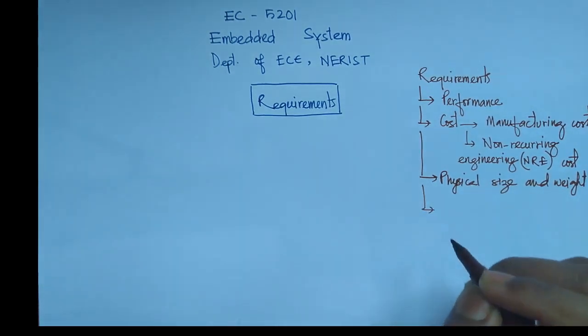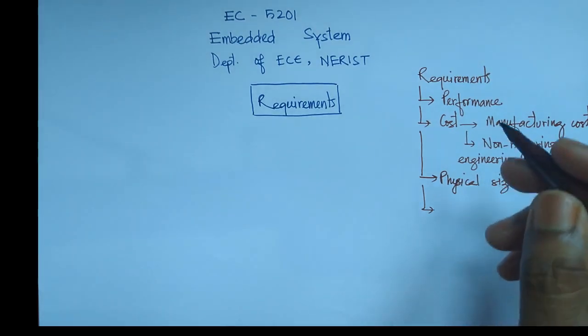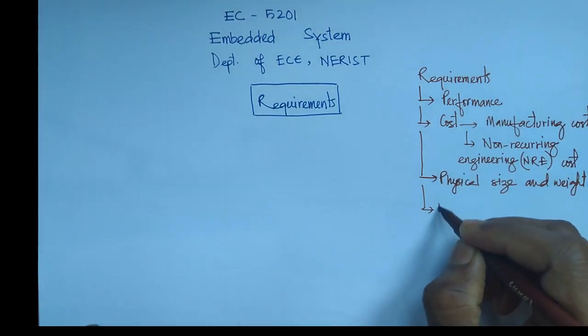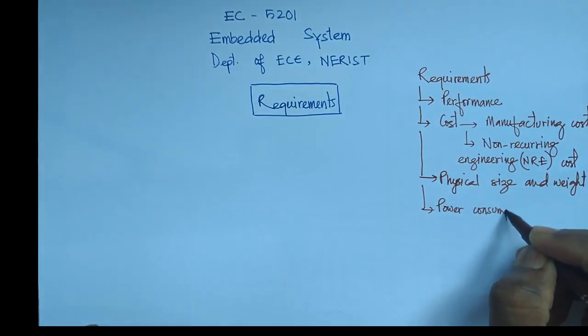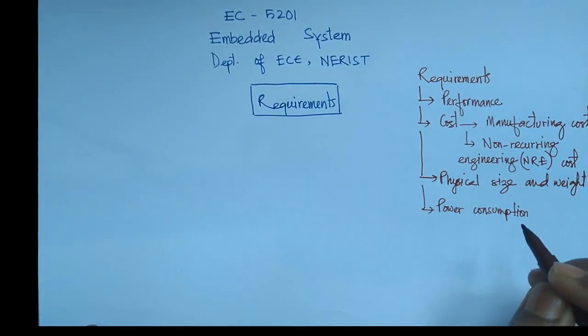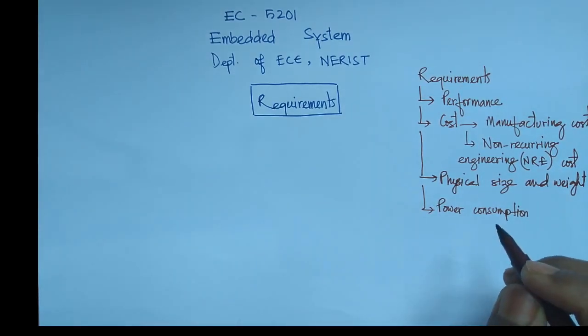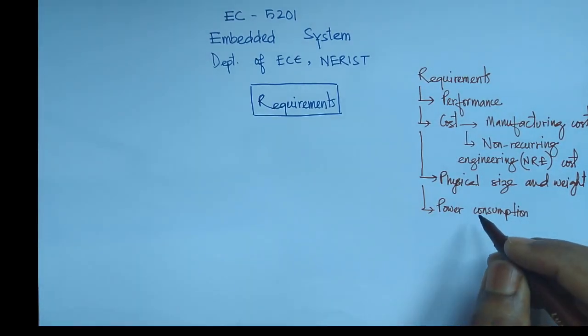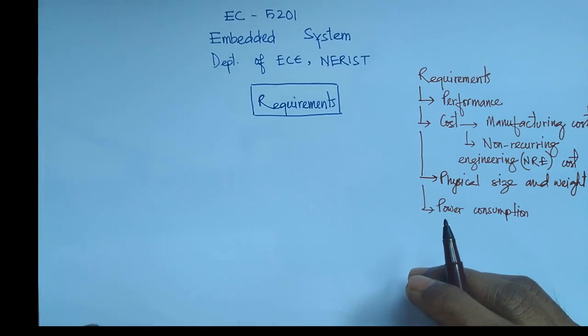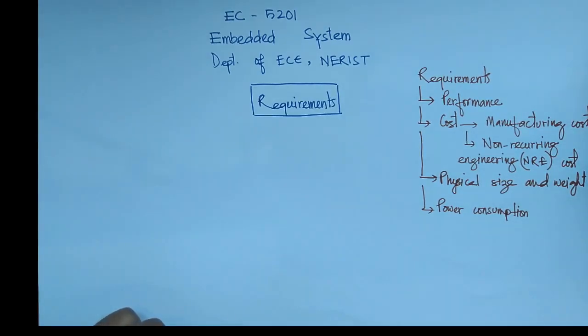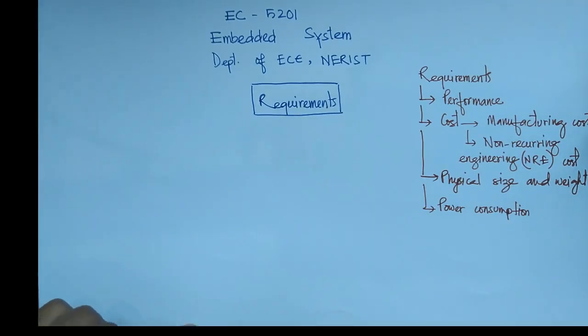And another important factor is the power consumption. Now if we are designing any mobile system, the power consumption needs to be very low, because it will depend on the battery. So these are some of the requirements for any system.